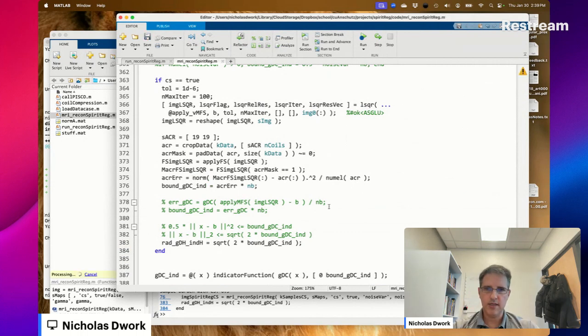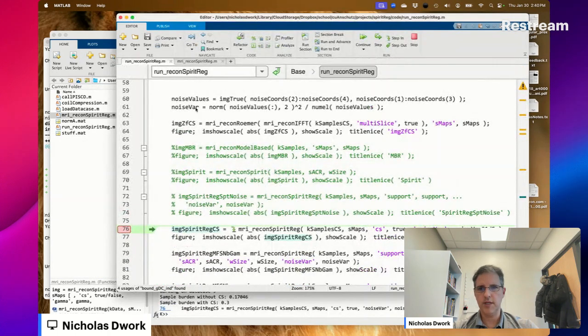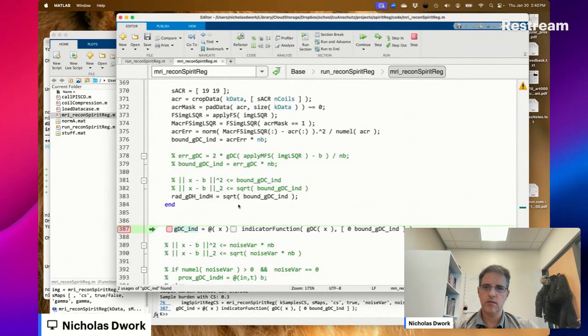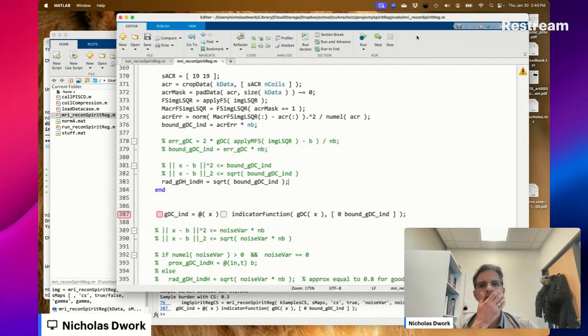This is the estimate of the variance. I shouldn't have changed it. Yeah, it didn't. Okay.